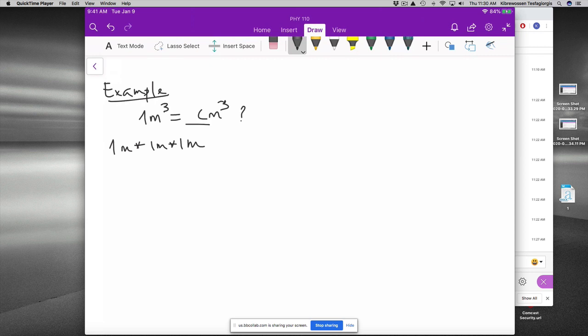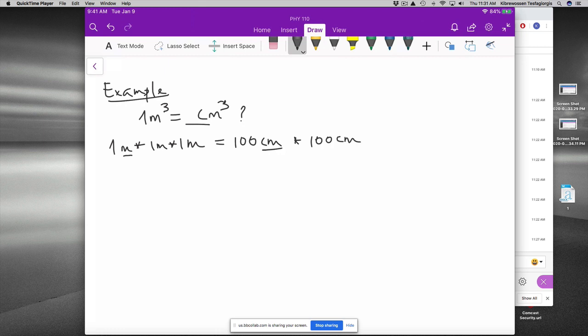We know in the unit conversion that in every meter you have 100 centimeters. So you'll have 100 centimeter, but you don't stop here, because this meter will help with this centimeter, and then multiply that by 100 centimeter again.